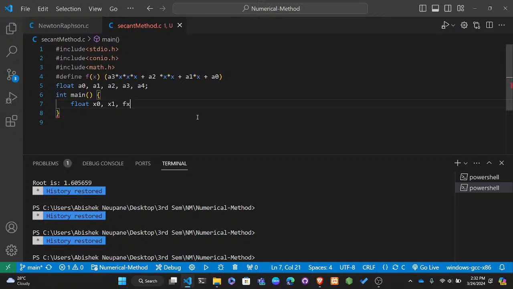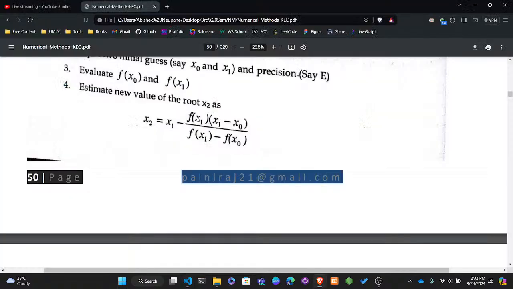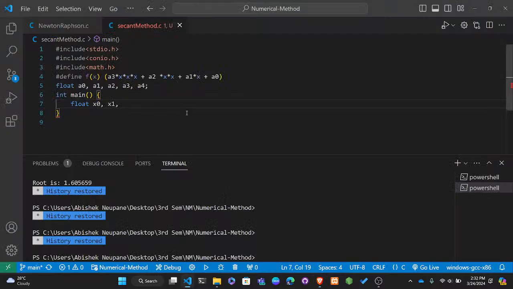We also need x2, right? So that we can calculate the new root. There will also be function of x naught, function of x1, and the error, and there will be the error precision, which the user will input.